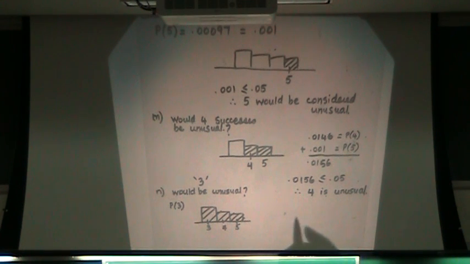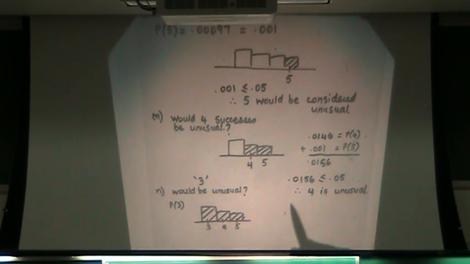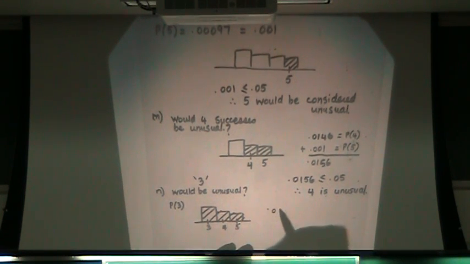Can you read me the probability of 3 again? Because I've already found it. 0.0879. Wow, it's already greater than 5%, right?